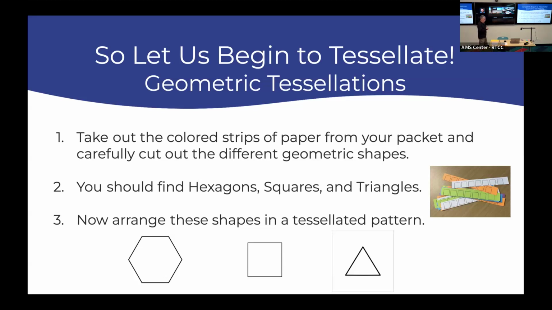Okay? So once again, take out those colored geometric shapes, squares, hexagons, and triangles, and cut those then into individual shapes.